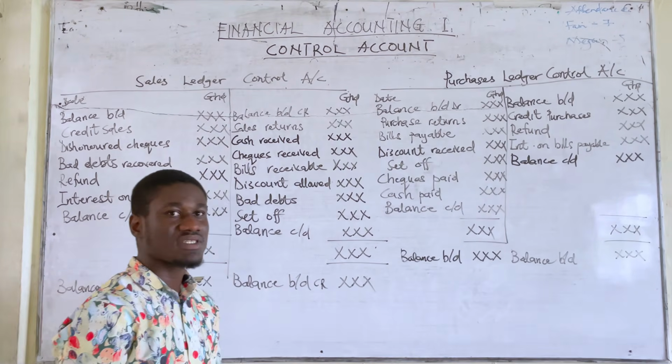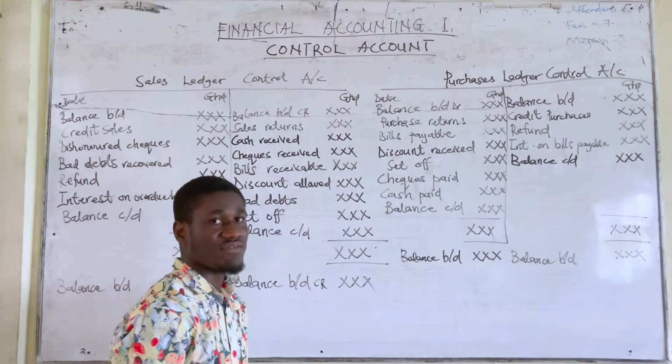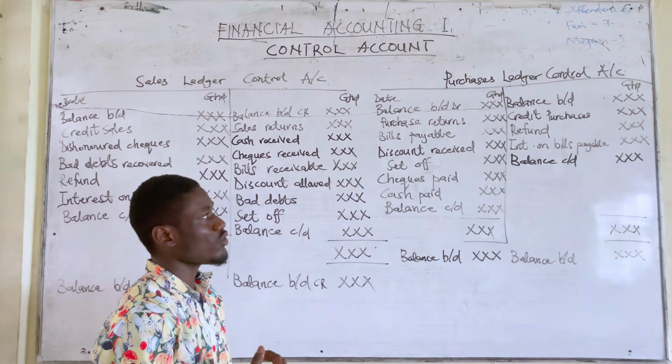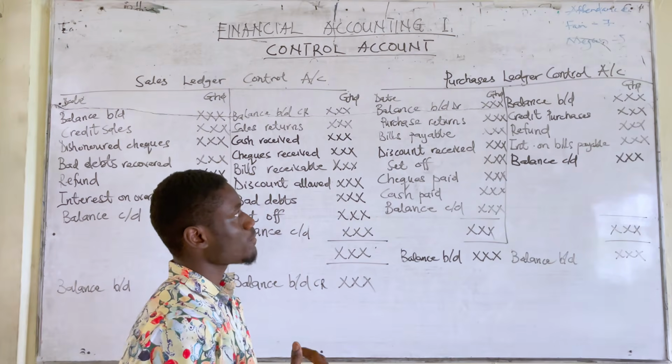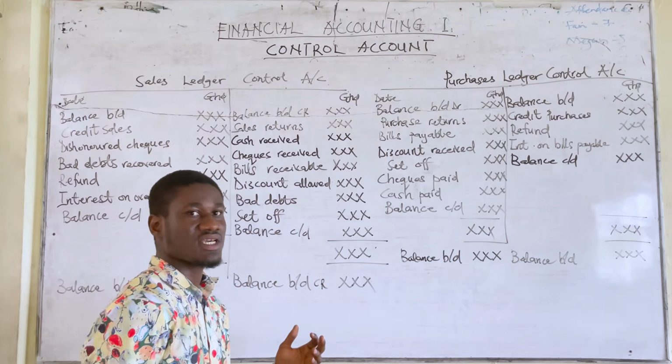If you want to do it that way and keep them in your mind, fine. But I would advise you to understand what the item is doing in the purchase ledger or sales ledger. Is it increasing or decreasing the amount?